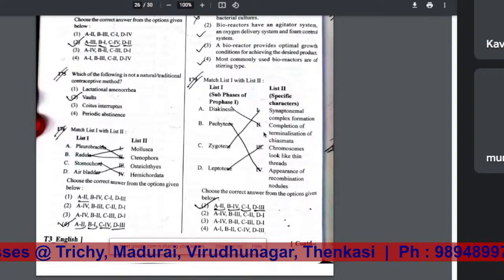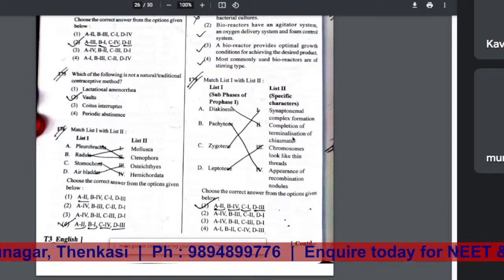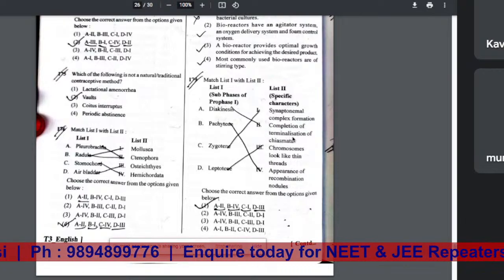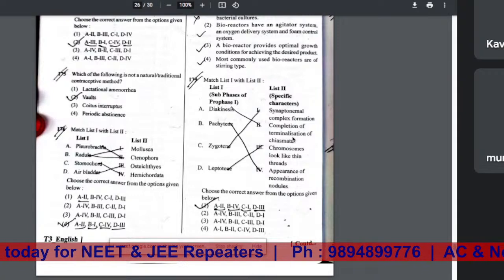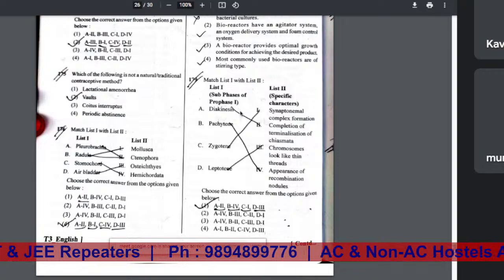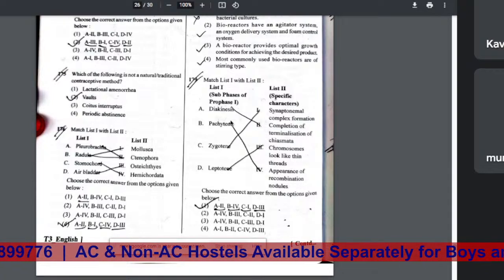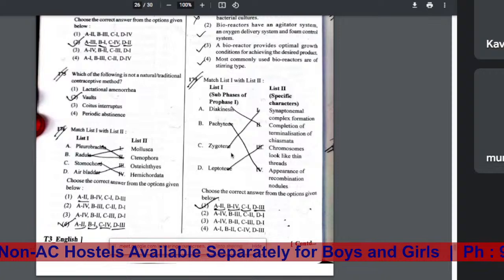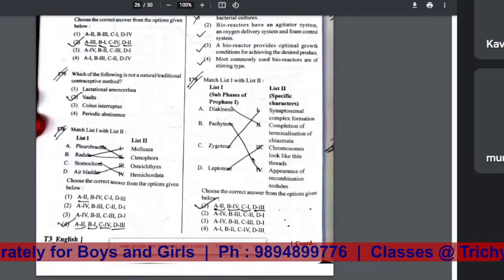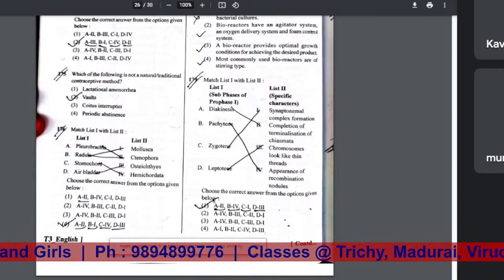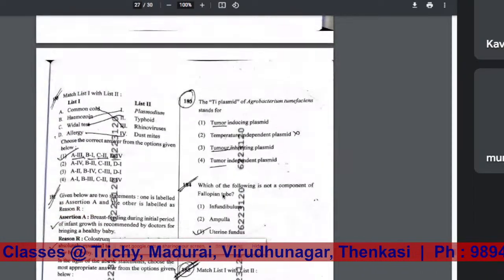So A happens to be 2, completion of terminalization of chiasmata. Diakinesis is a phase where the homologous chromosomes separate from each other, so terminalization of chiasmata will happen. So A with 2, B with 4, and then C with 1, and D with 3 happens to be the correct answer. For 179, option 1 is correct. Next one is a match the following.